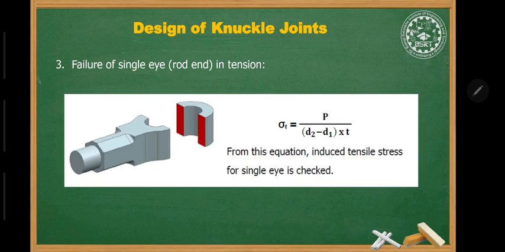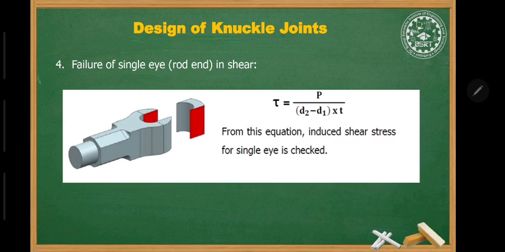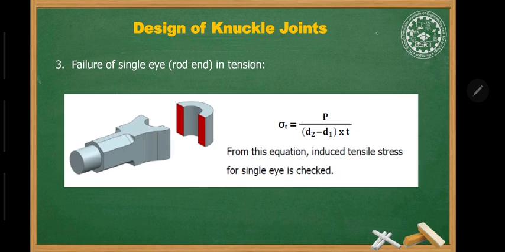Next step is failure of single eye or rod end in tension. Here, this single eye or rod is subjected to external load P on both sides. Due to this external load, the single eye may fail like this. So you have to calculate this shaded area. Here this is the actual section of the member.